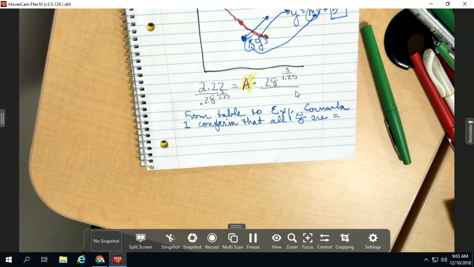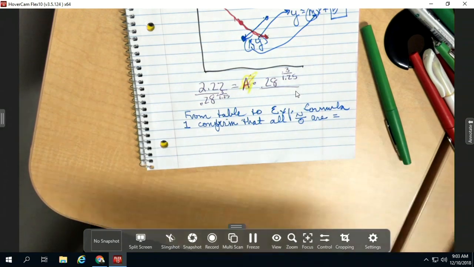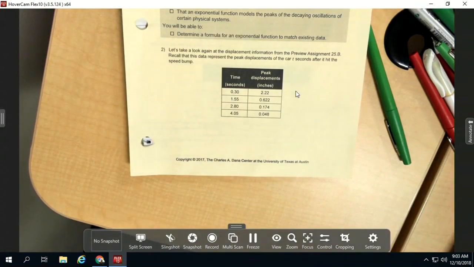In other words, each successive one down the table was 28% of the previous one. So if you look back at the table, let's confirm that by taking out our calculators and doing 0.622 divided by 2.22.